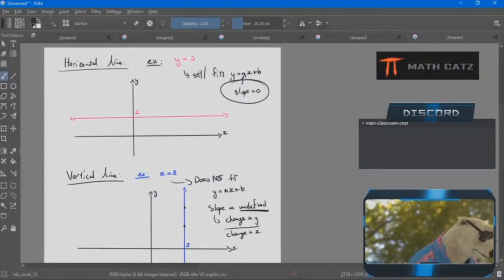Bree says, so is a horizontal line called defined? Not sure what you're asking there. Horizontal line is the special line where the slope is 0. Slope is defined, it's just 0, and because it's multiplied by x, it cancels that x term and gives you y equal to a number.